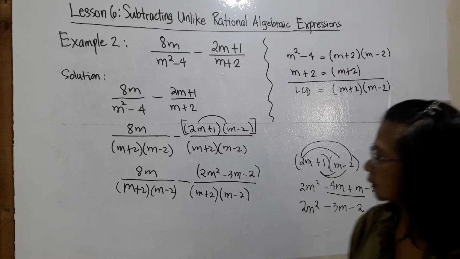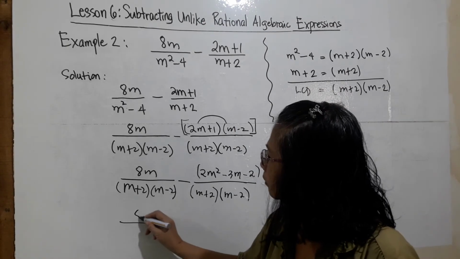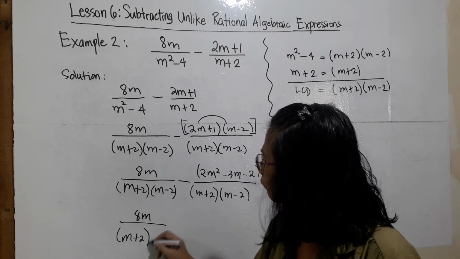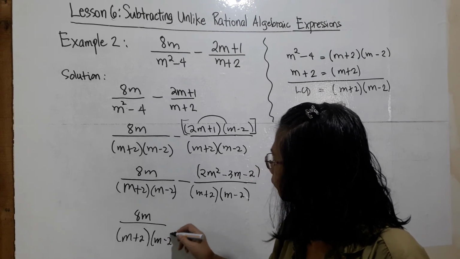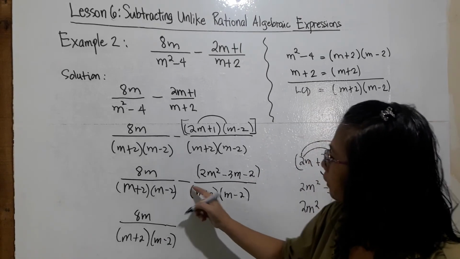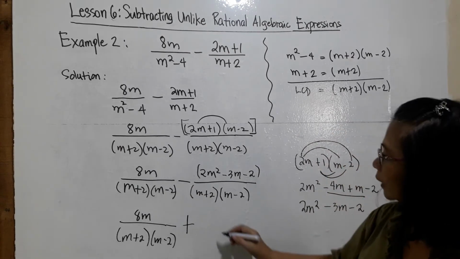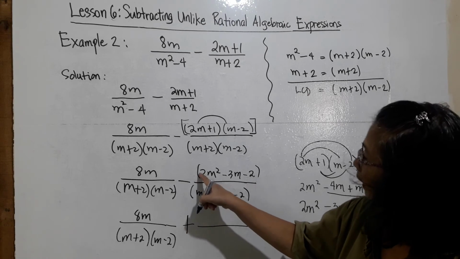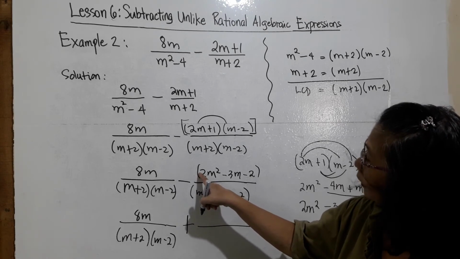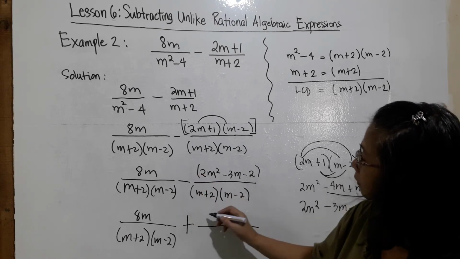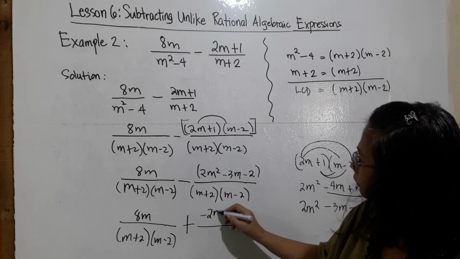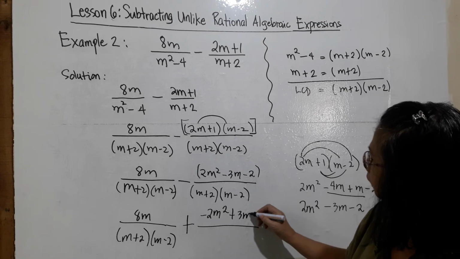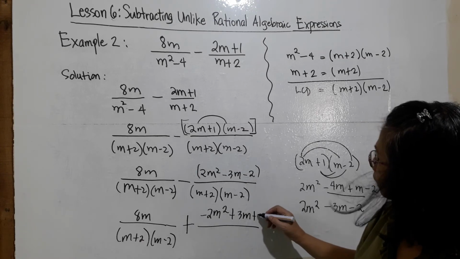So thus, let's copy first the minuend. Plus, it is now plus. So this will become, it is a positive, so this will become a minus 2m squared. This will become plus 3m. And this will become plus 2.